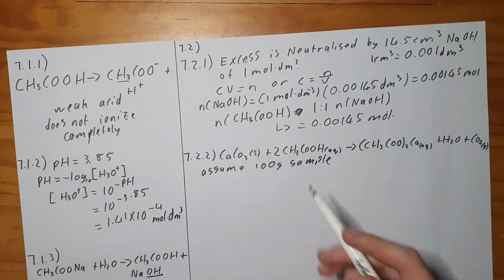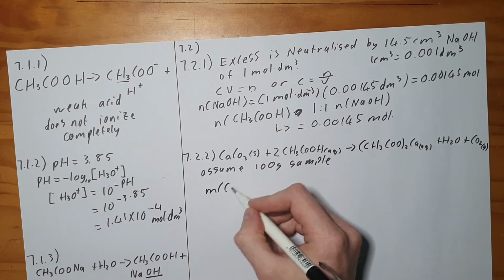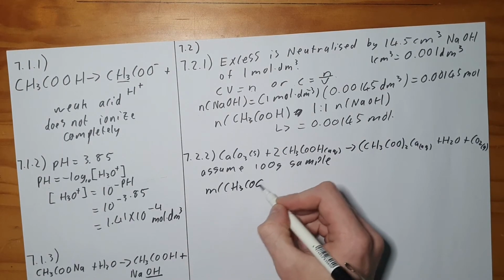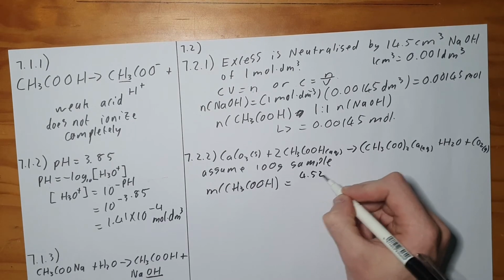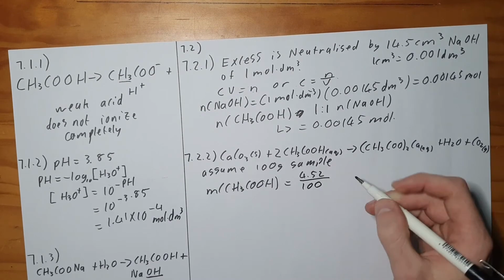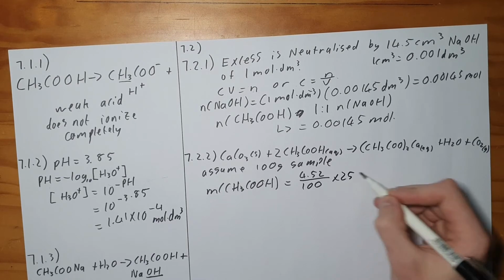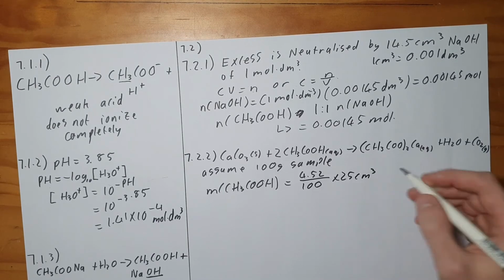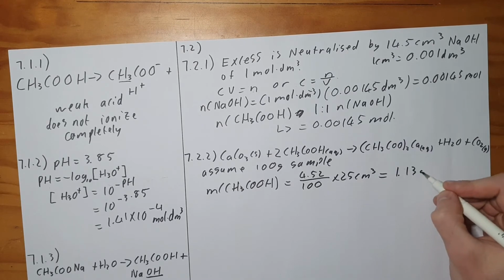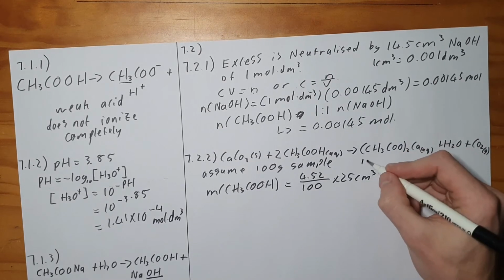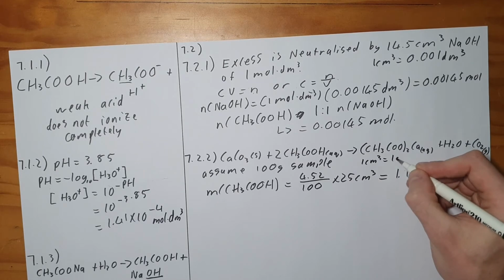So M of CH3COOH equals 4.52% over 100, multiplied by 25 centimeters cubed, and that's going to give us a mass of 1.13 grams. Why? Because 1 centimeter cubed equals 1 gram.